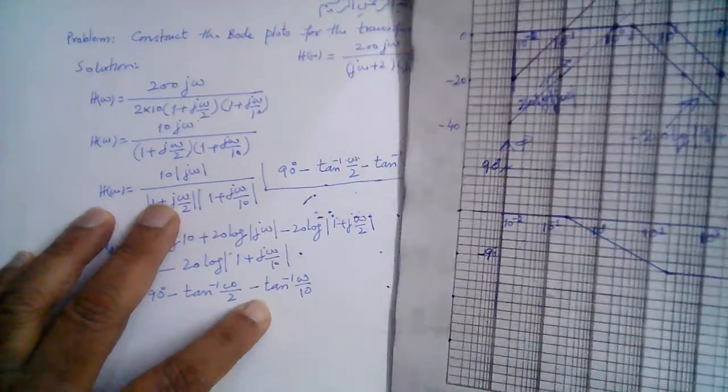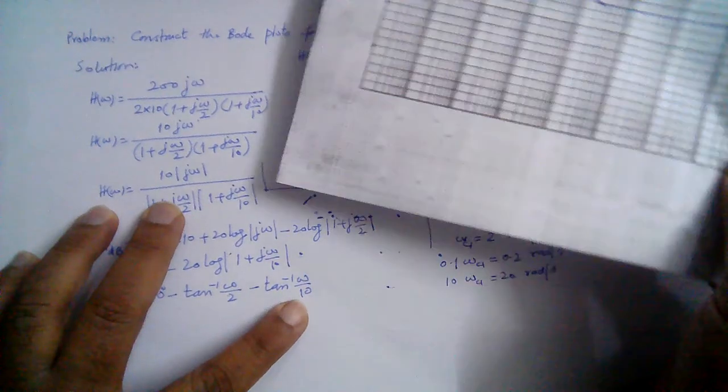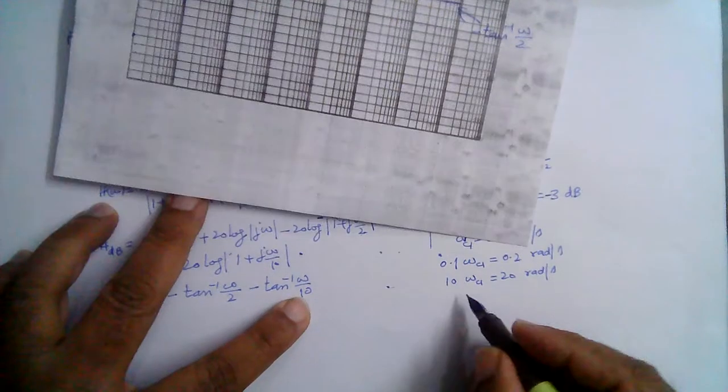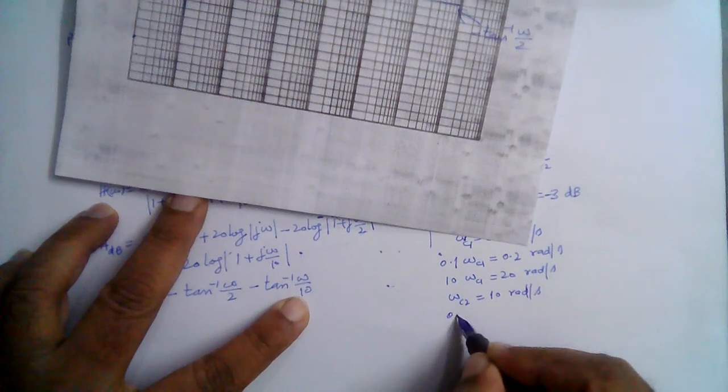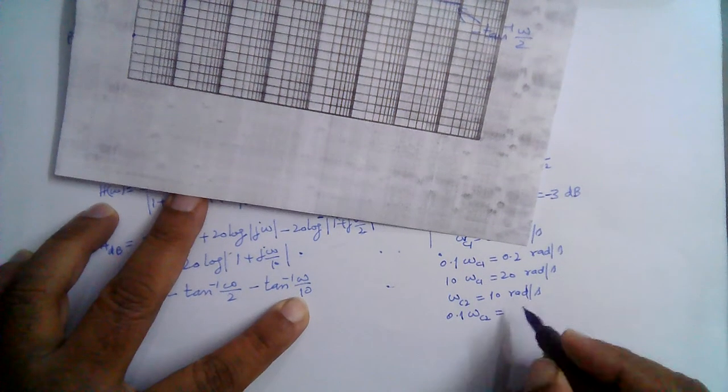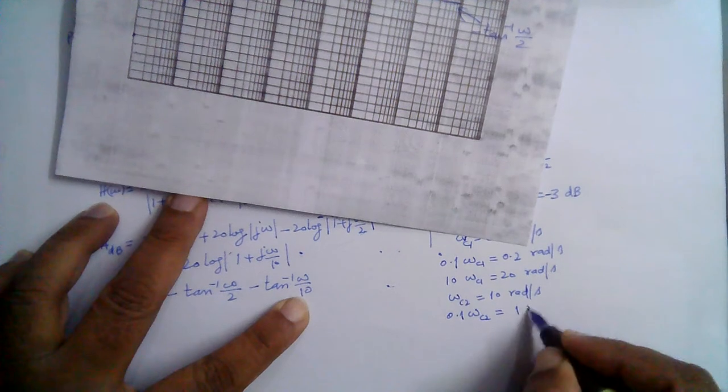Then we have omega equal to 10. So at omega equal to 10, let's call this corner frequency 2, which is 10 radians per second. So at 0.1 omega C2, it will be 1 radian per second.